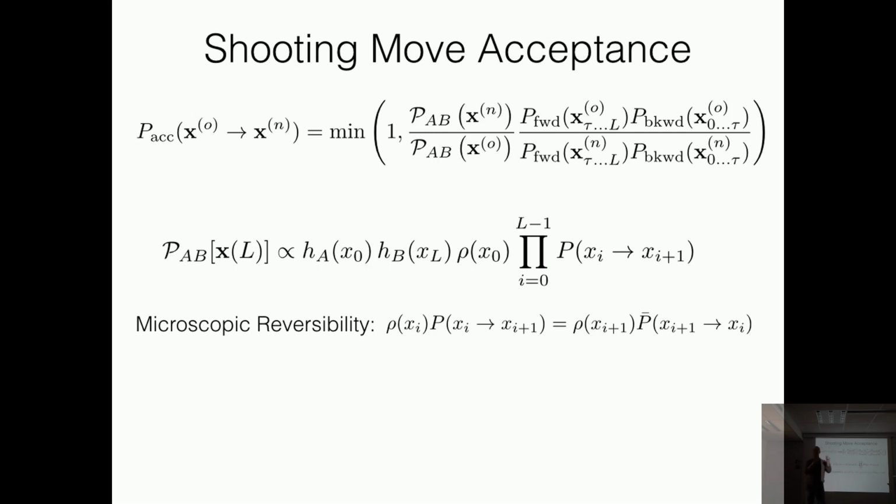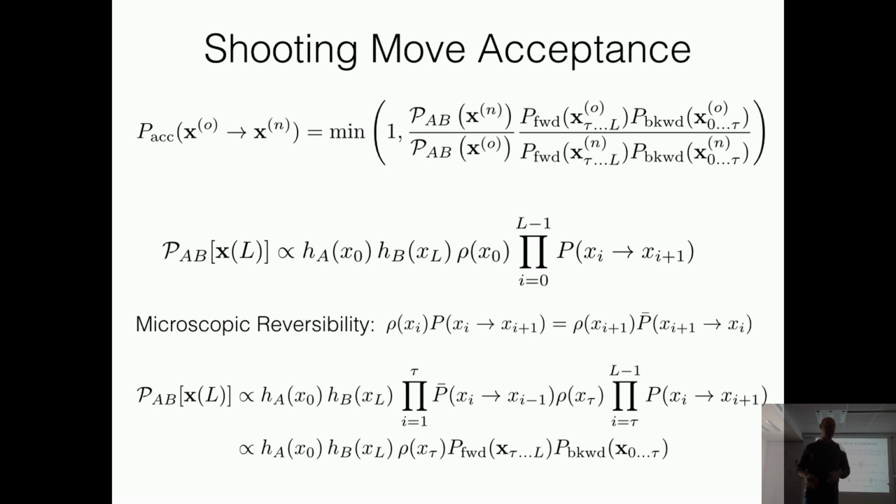And if I moved it from x0 to x1 and the reverse back one step, I can do it again. Move it to x1, row of x1, and now we have 2 reverse steps. I can keep doing that all the way up to tau, my shooting point. And when I do that, I end up with this. So this thing turns into this.